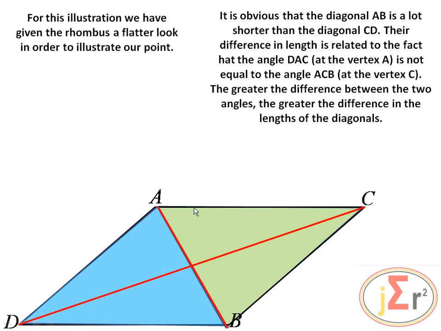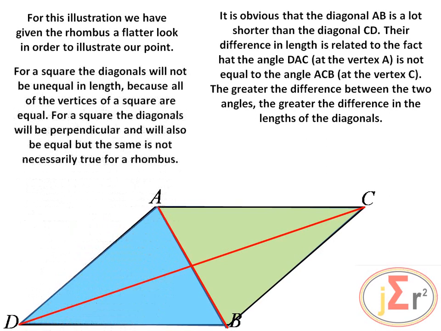So this angle is not equal to this one. They are different. The greater the difference between the two angles, the greater the difference in the lengths of the diagonals.